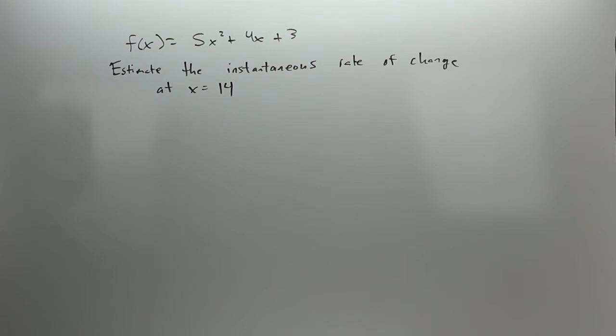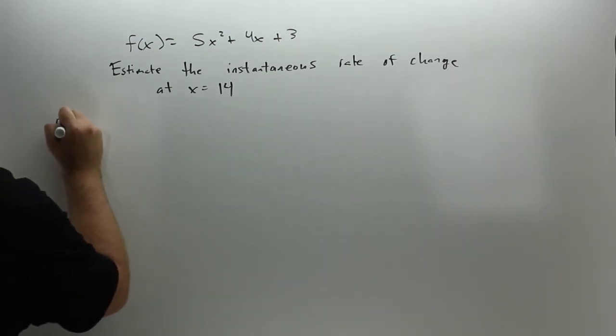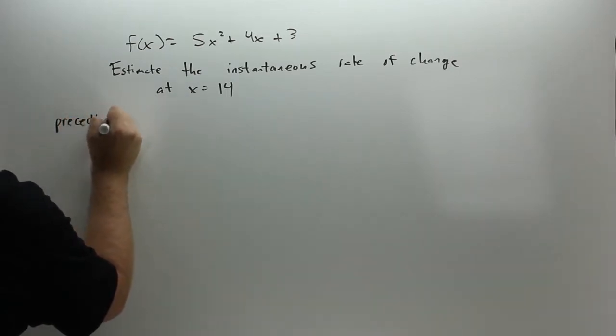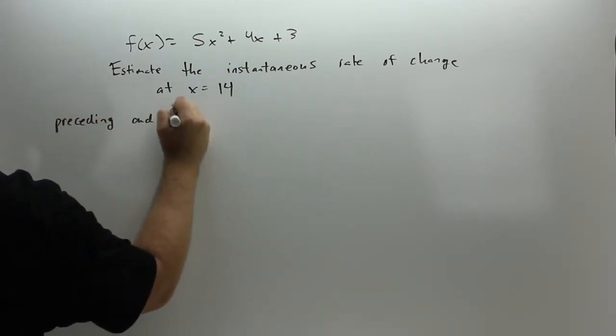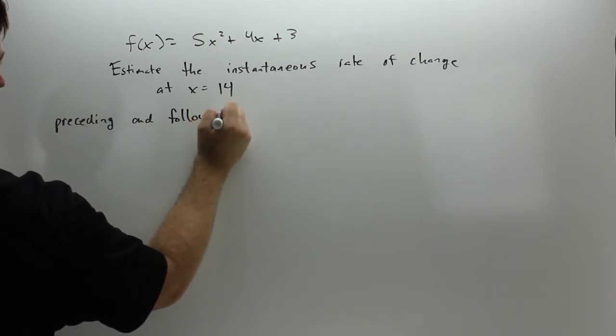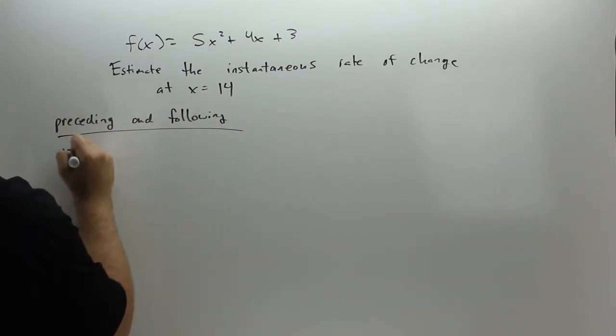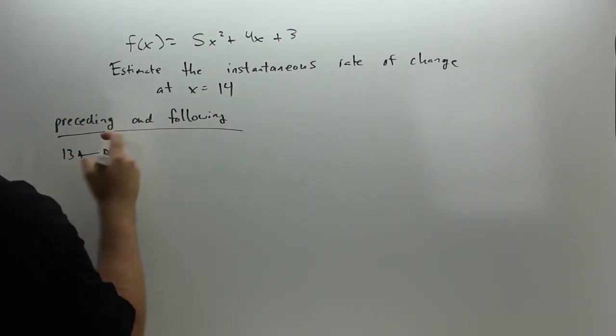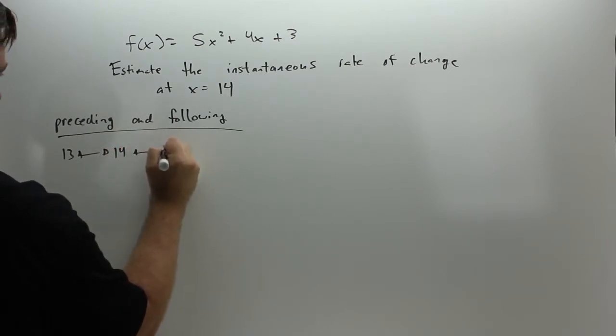Okay, so if we're doing preceding and following, there's a few approaches you can take. The most important thing is that you keep the same interval width. So you could go 13 to 14 and then 14 to 15.